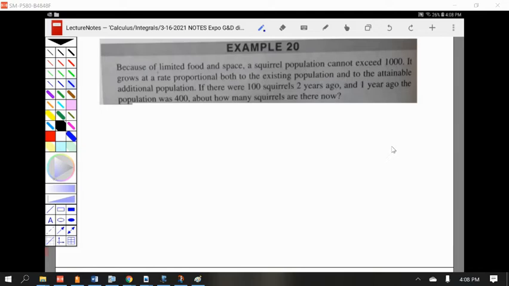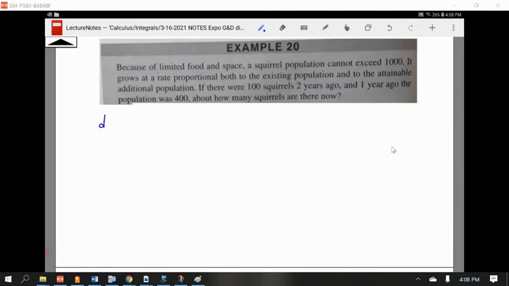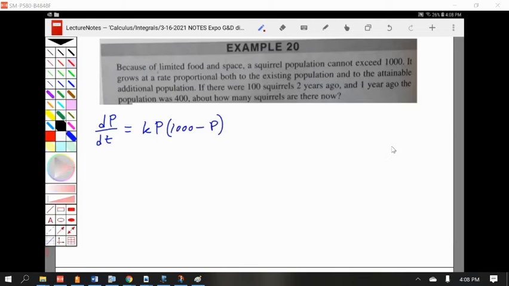But in this case, we're talking population, so let's just use dp/dt. And what is the differential equation for logistic growth? It's dp/dt equals k times p, times the amount, right? Which in this case, the amount possible is 1,000. That's my A, 1,000 minus P.